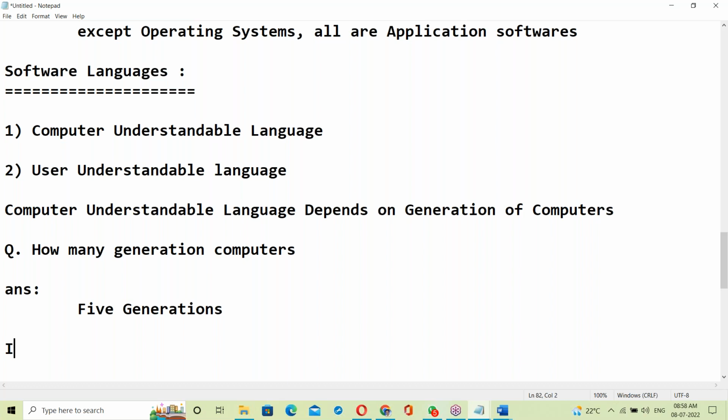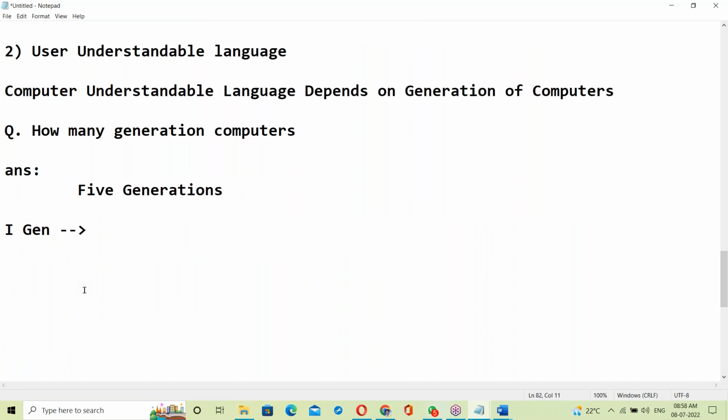Okay, first generation. What is a first generation computer? There are 5 generations of computers.